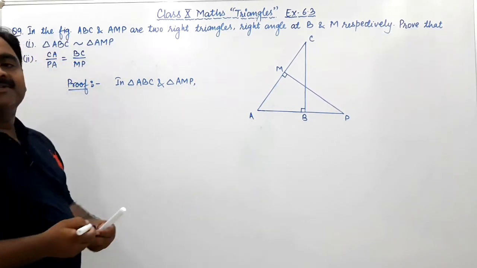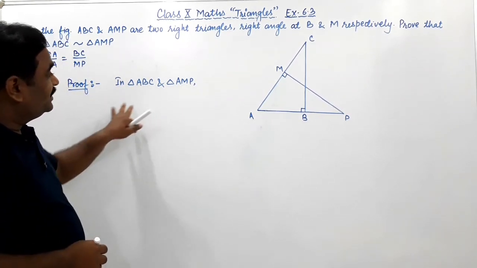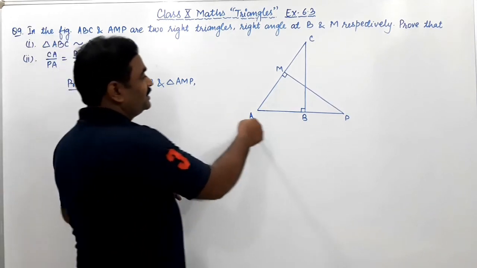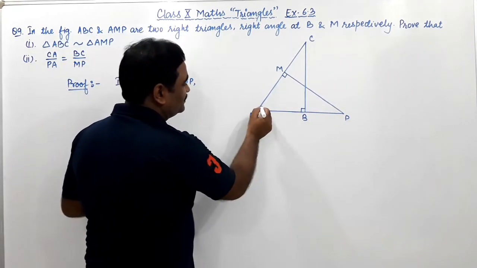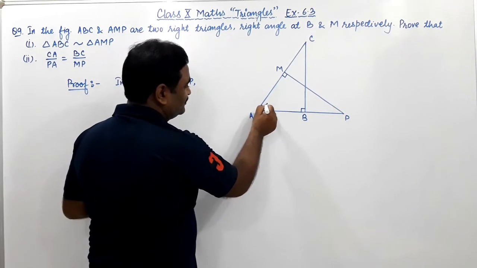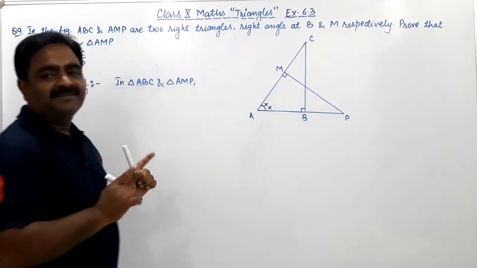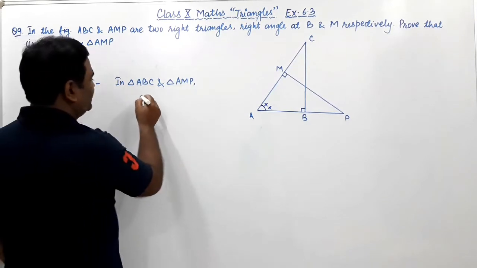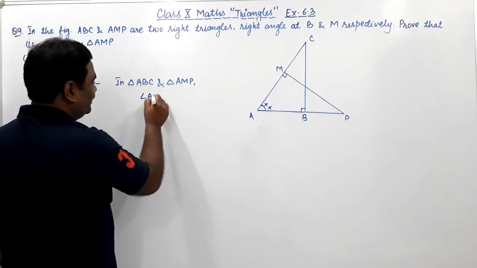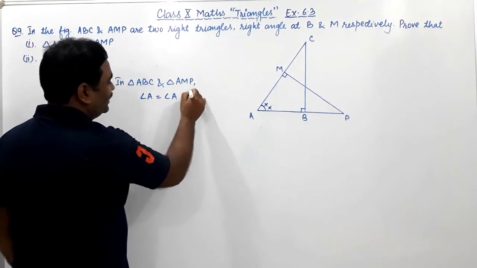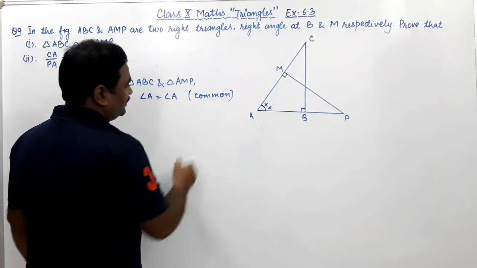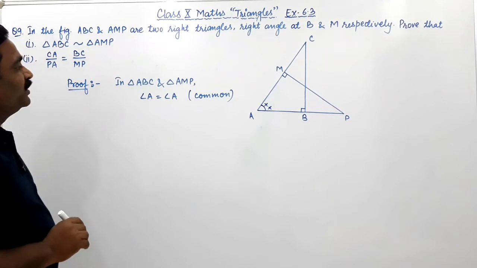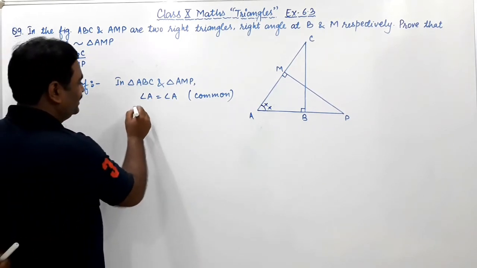Right friends? So let us compare these two triangles ABC and AMP. This angle A is common in both the triangles, right? So you can write angle A is equal to angle A, they are common angles. Now in ABC, angle B is a right angle.